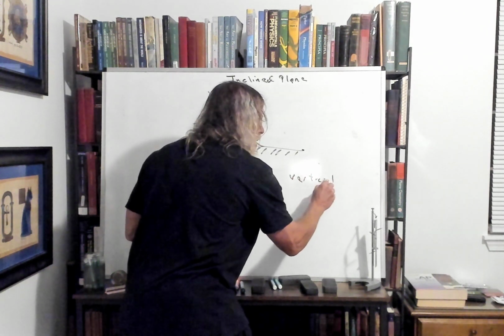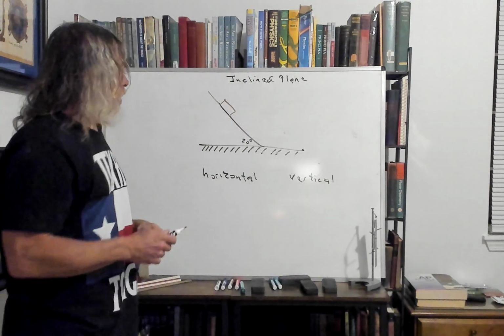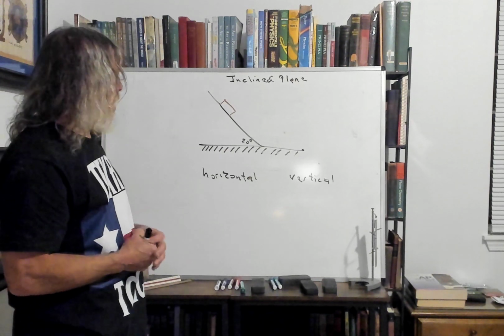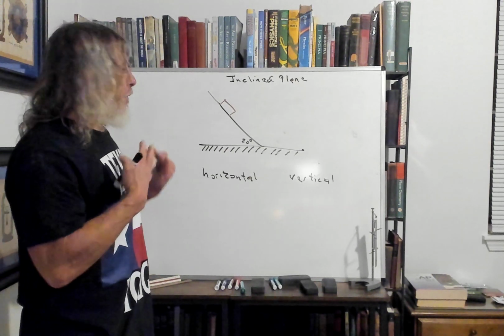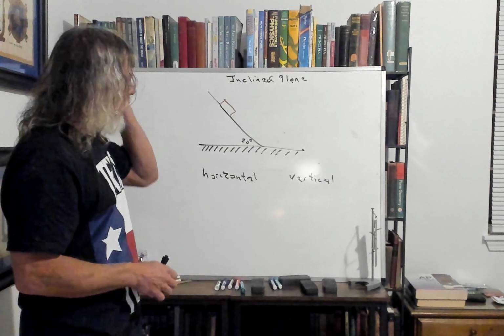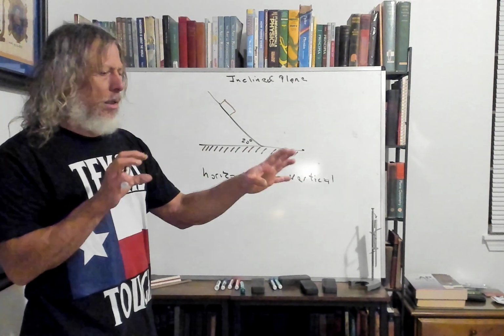And remember, we need to look at the two when we're working problems, because as Galileo and Newton showed, that aspect of the motion of things is affected differently. We can separate for separate analysis the horizontal and vertical.